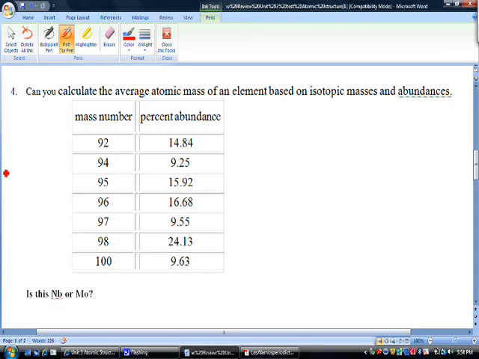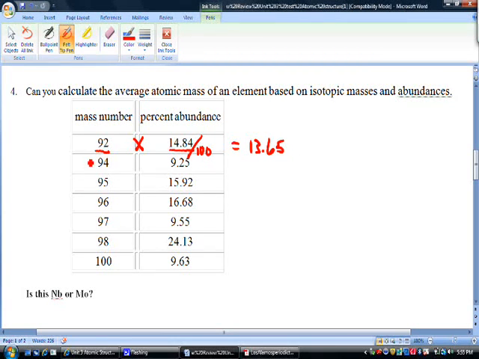So remember, you just take some isotope of this element that has a mass of 92, and its abundance is 14.84%. So if we take this mass and multiply it by 14.84 divided by 100, we're going to get, let's see, 92 times 14.84 divided by 100, we're getting 13.65.